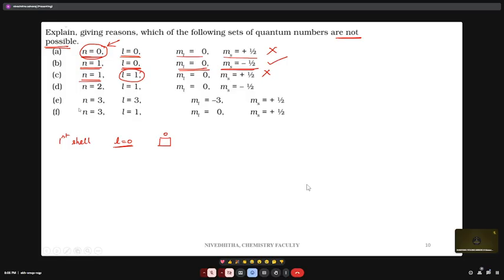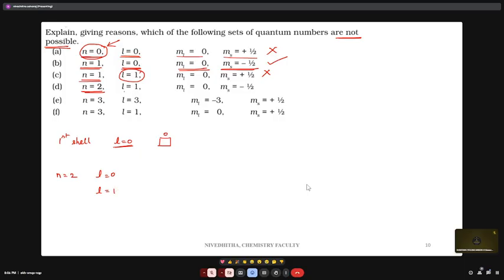How about the fourth set? Is it right or wrong? It is correct, ma'am. It is right. Right, Rakshan. So this is the second shell, in which I can have two subshells, l is equal to 0 and l is equal to 1.